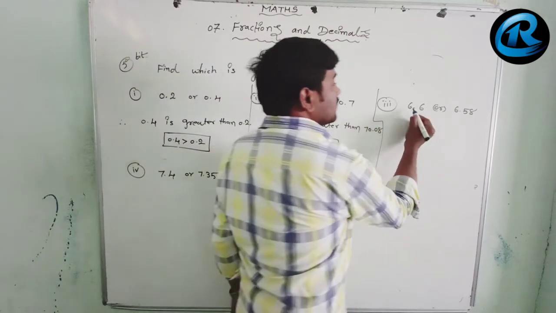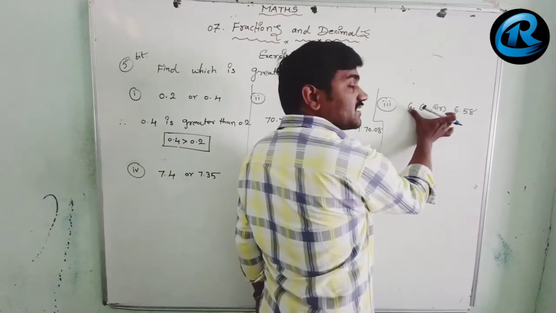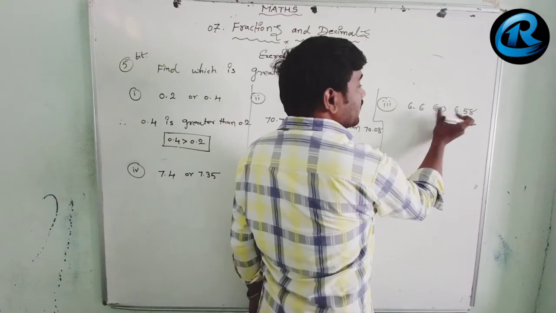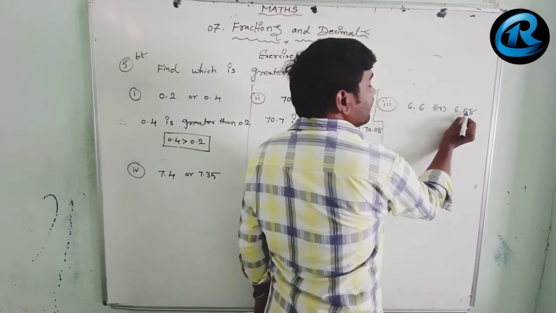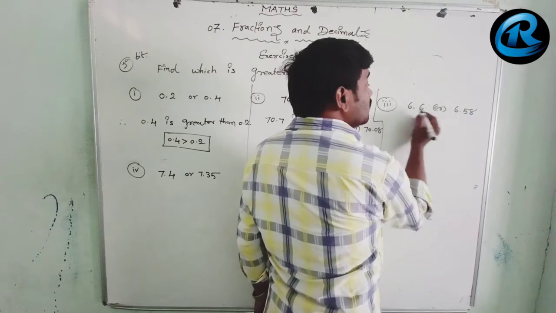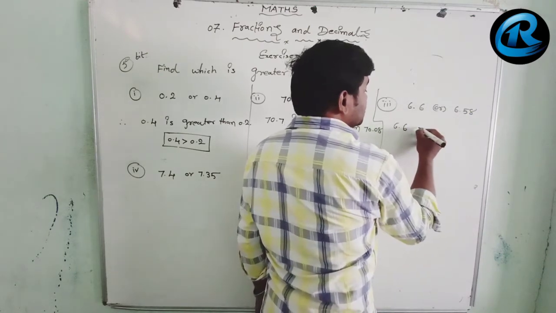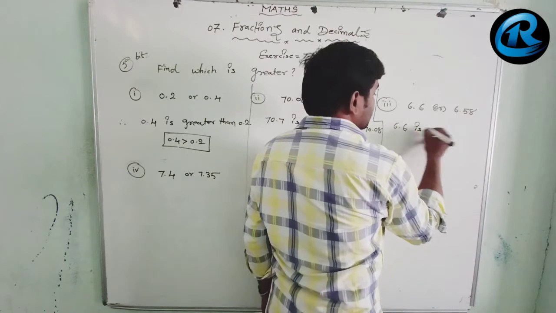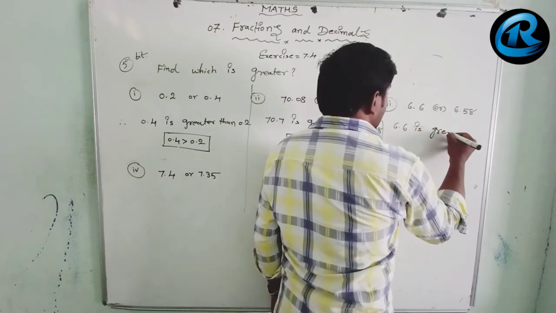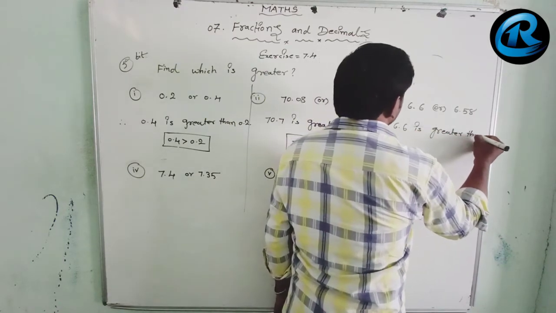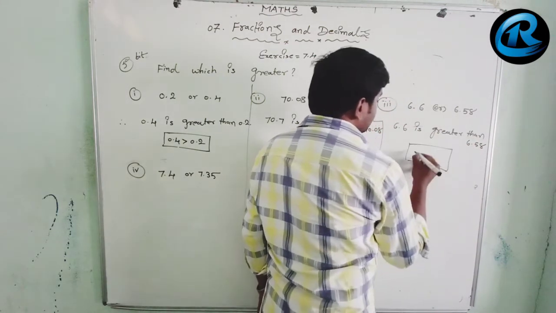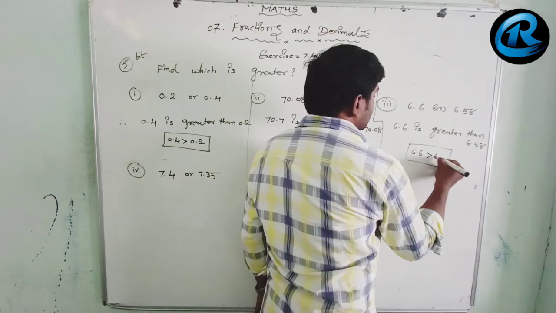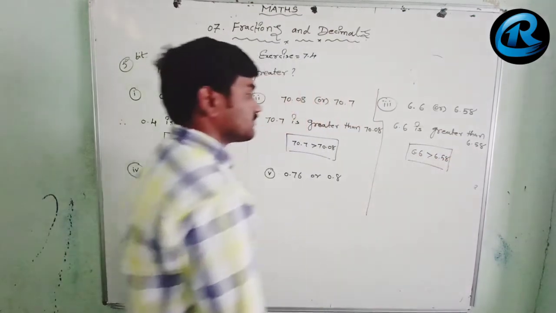Next, let's see, 6 and 6 integer parts are the same. Next, you compare the first digit here and the first digit here. Here 6, here 5. So 6 is greater than 5. So that means here 6.6 is greater than 6.58, and therefore we can write like this: 6.6 is greater than 6.58.